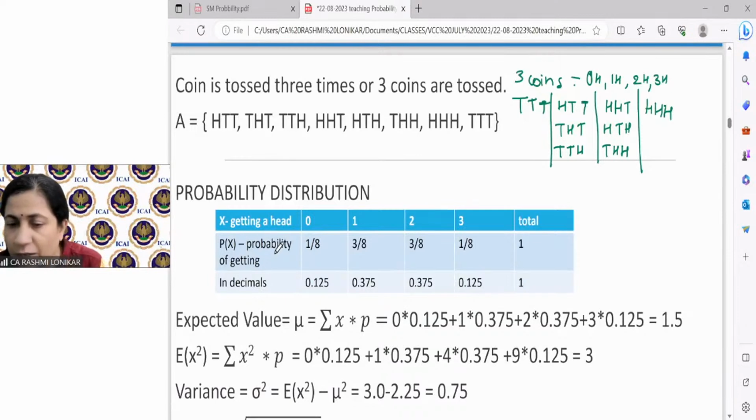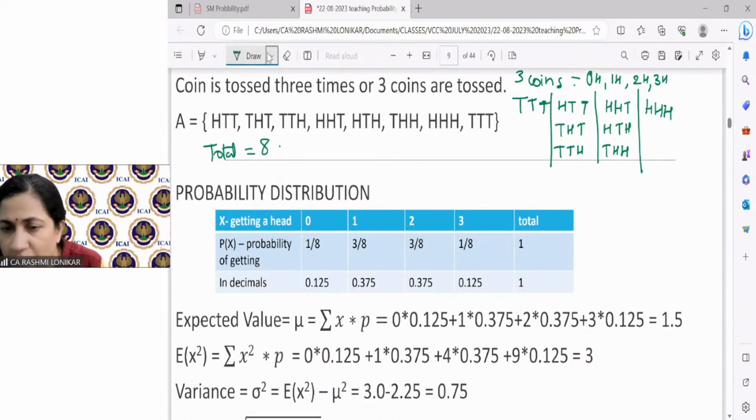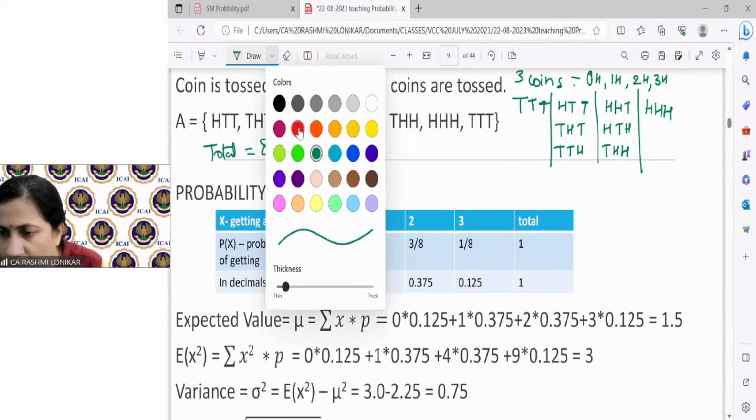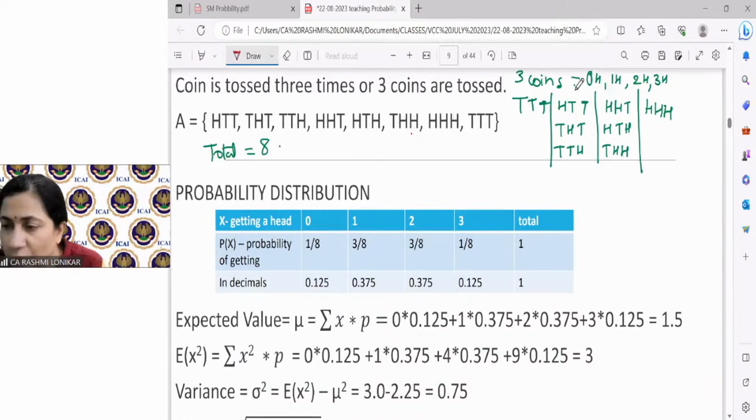Now probability of getting zero heads. How many total are there? The total is 8. Now how many times do I get zero heads? It will be 1 by 8 because this is only 1.